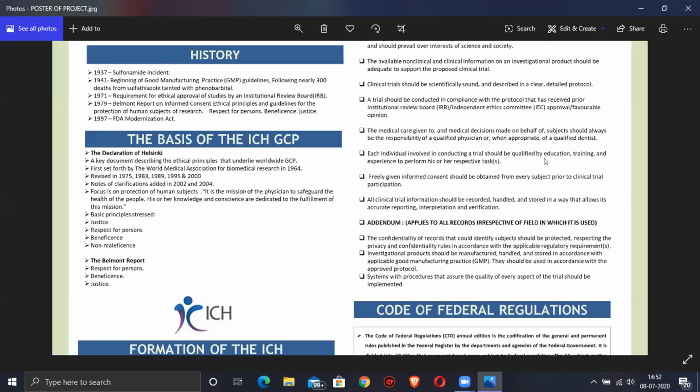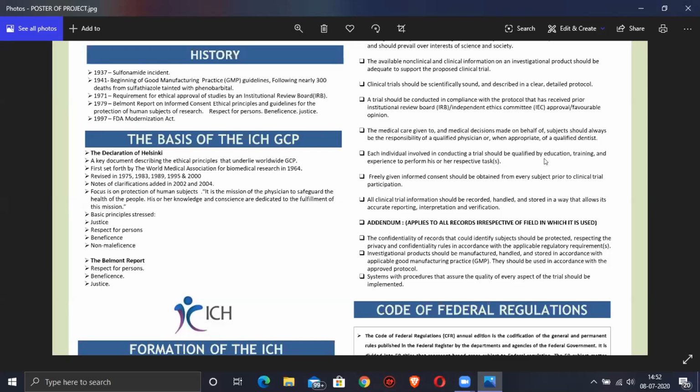Next, we have that the investigational product should be manufactured according to GMP. The main reason this was brought in is certain instances in the past, for example, as I said before, the sulfathiazole incident. Sulfathiazole was an ordinary over-the-counter drug, but the problem came when phenobarbital, a sedative, was found in traces in sulfathiazole, caused by contamination.